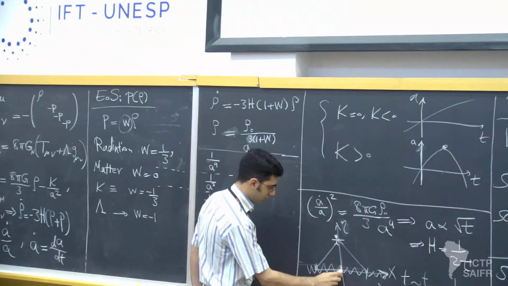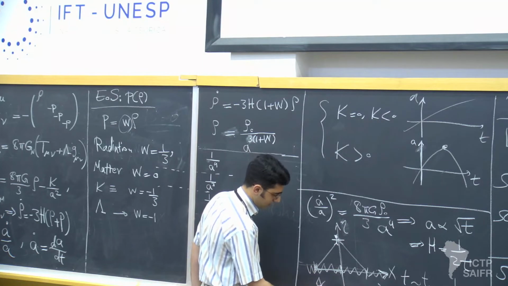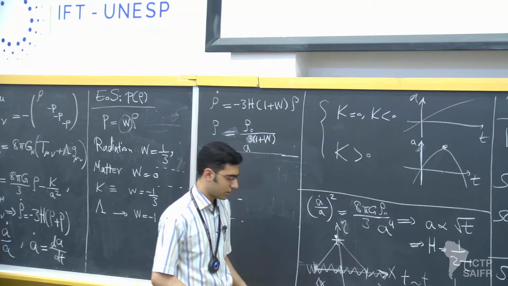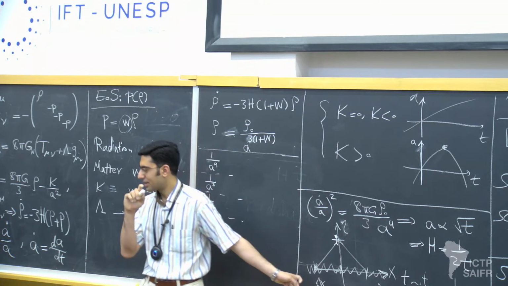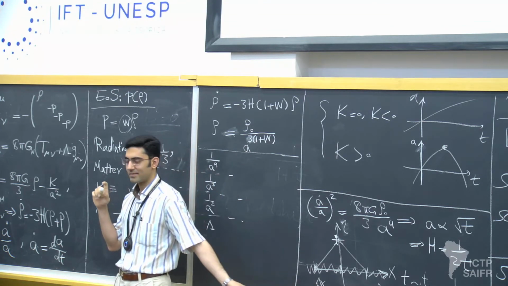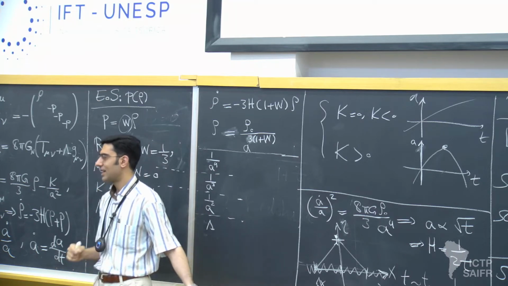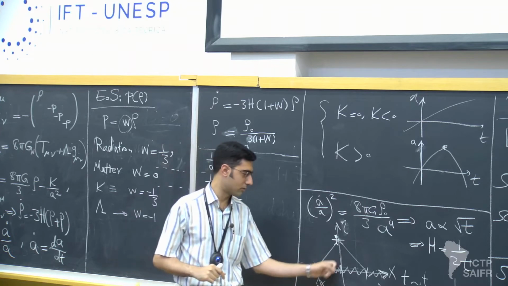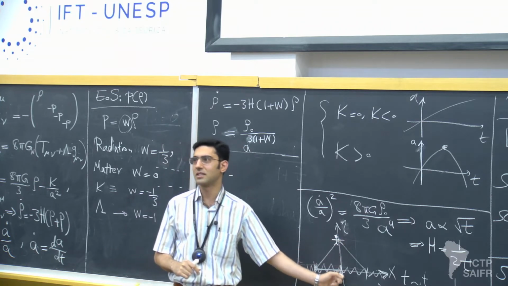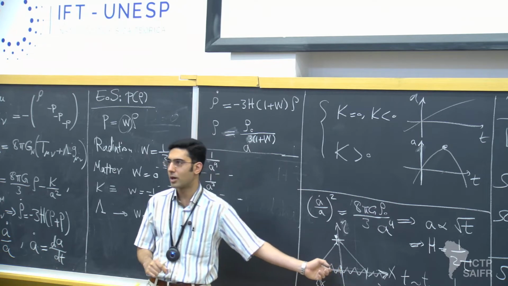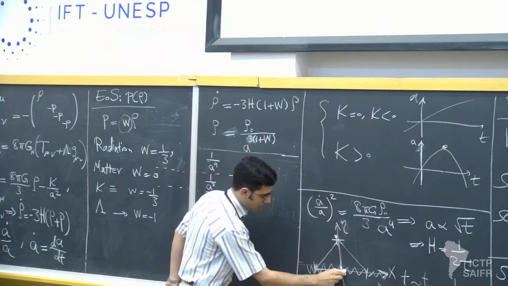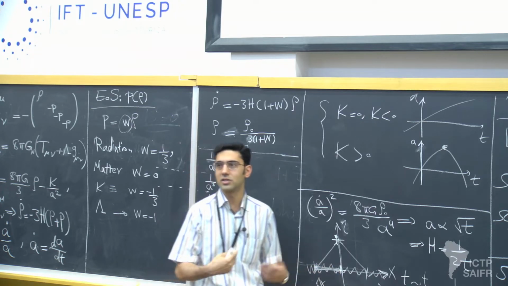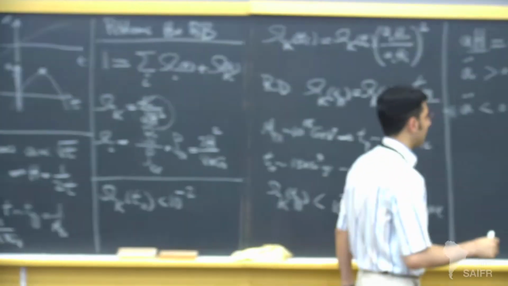So if I want to determine this delta x, which you were calling the co-moving distance, the co-moving radius, I can instead calculate the conformal time. Conformal time up to this slice is the same as the co-moving radius up to which I can see.